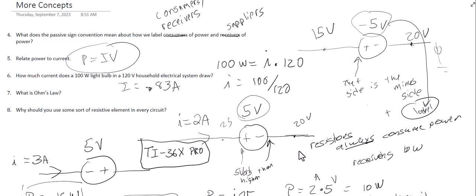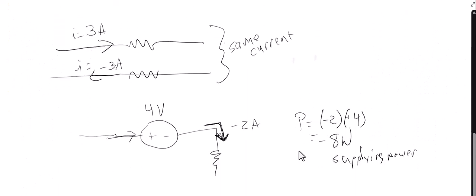What is Ohm's law? Ohm's law is that voltage equals current times resistance, and that's true within a certain temperature range for most objects. You'll use that a lot. And the last one, why should you use some sort of resistive element in every circuit? Well, let's take a look at that. So let's say I had a circuit that was 5 volts, and I don't put a resistor in there.